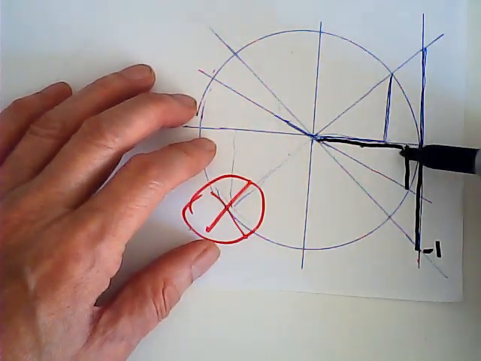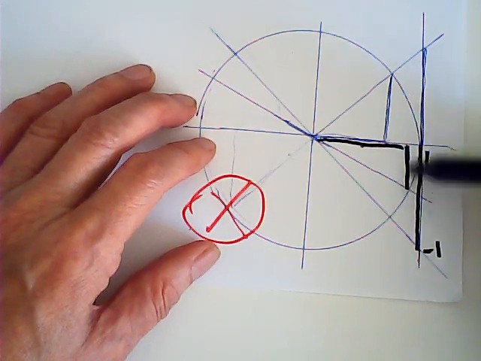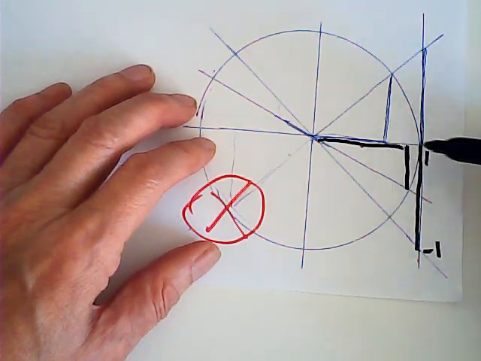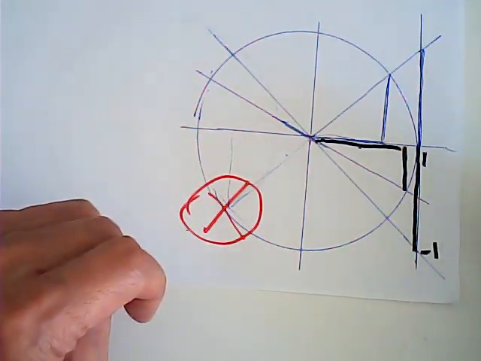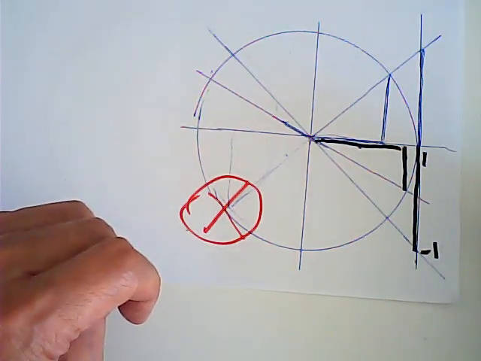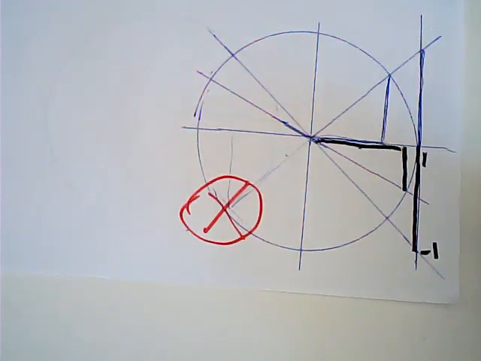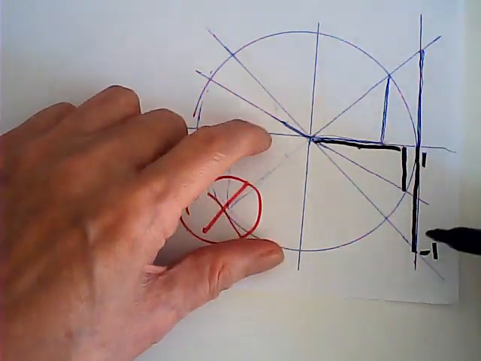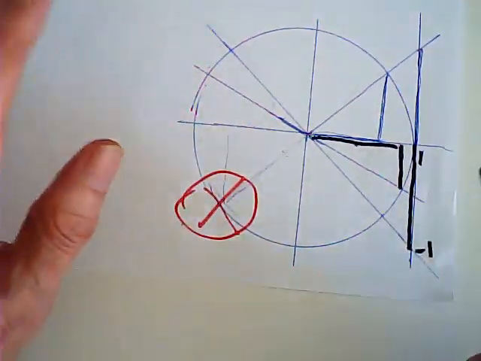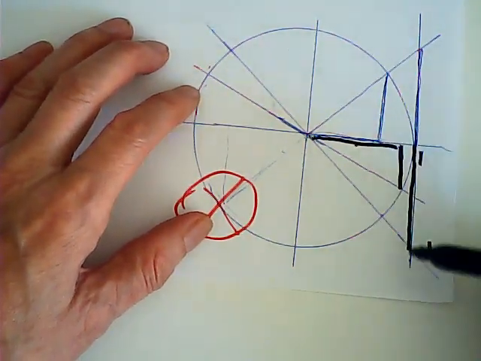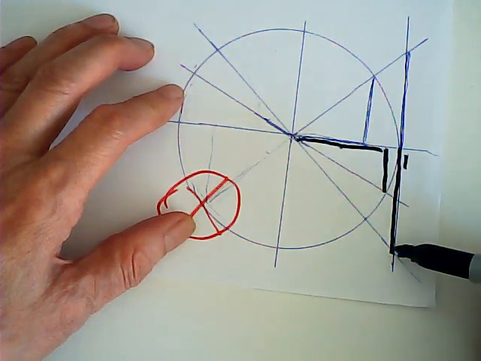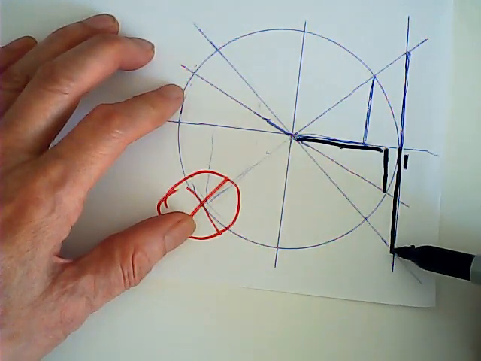So cosine is positive, sine is negative. The summation is equal to negative 1. That is not okay. Do you see what I mean? Okay, let me say it this way. If the angle is in the fourth quadrant, the tangent would be negative.